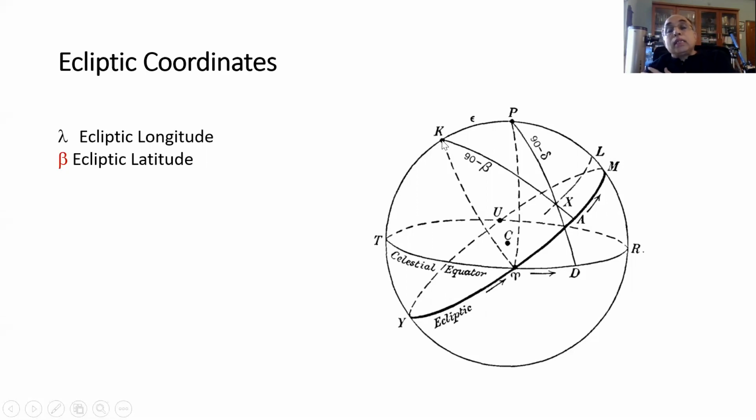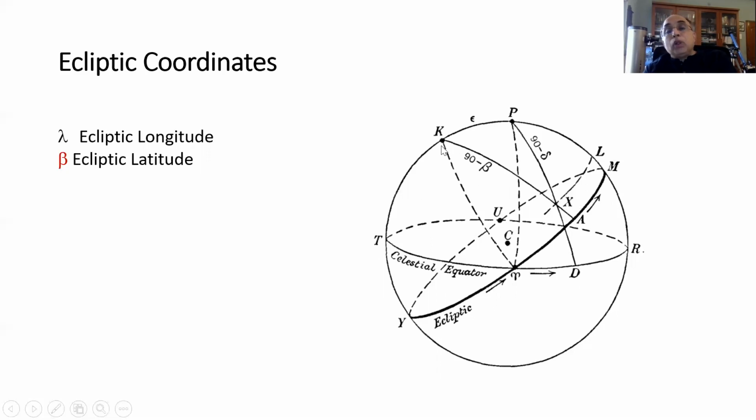So we draw a great circle from the pole of the ecliptic. We draw a perpendicular to the ecliptic, going through the center of the Earth this time, not the observer. And the point K is the pole of the ecliptic. KC is perpendicular to the ecliptic.